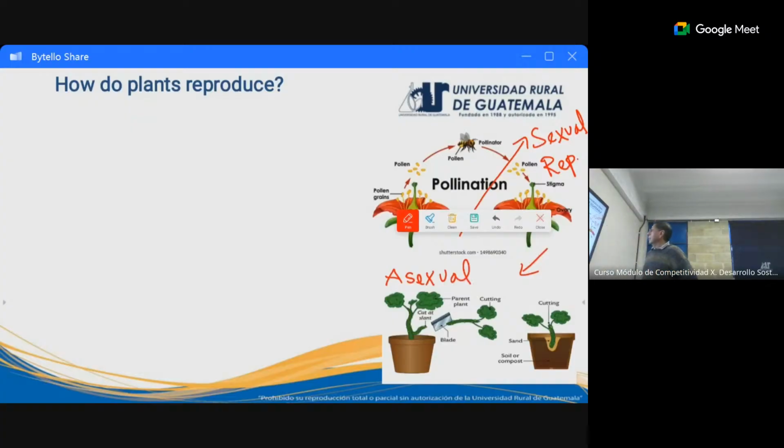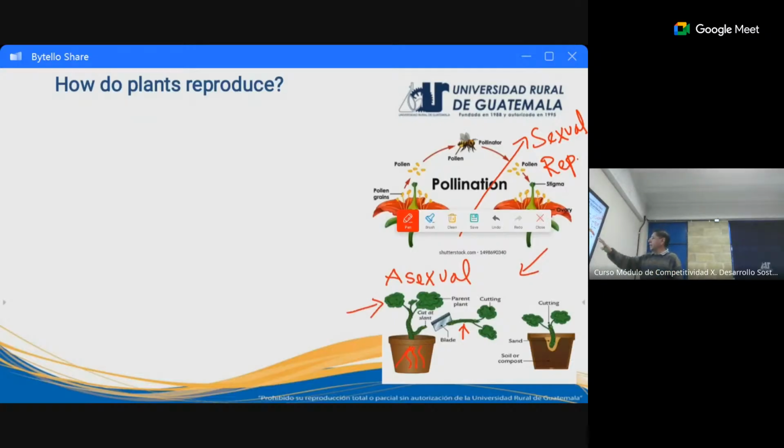In this case, what we need is to cut some part of the parent plant, that it could be a piece of a root, a piece of a small branch, or a piece of a leaf.